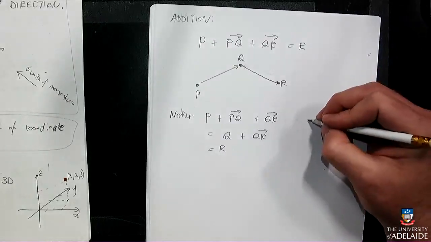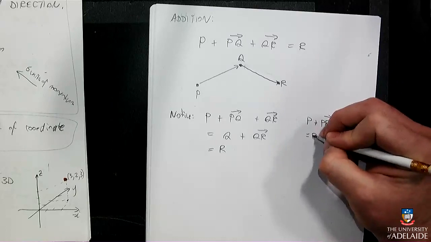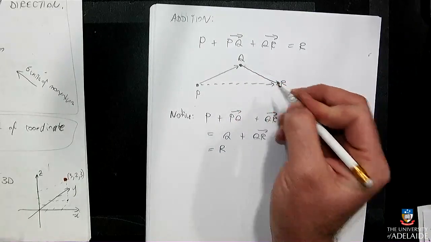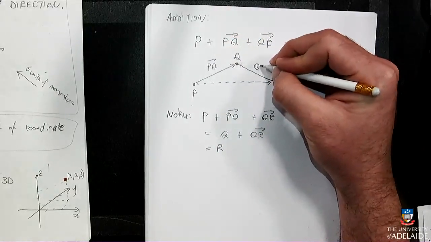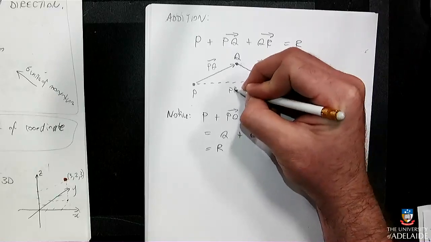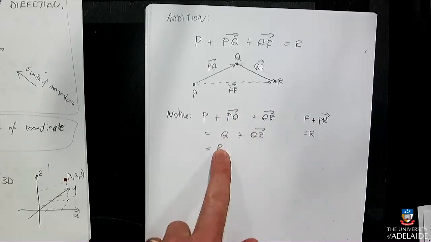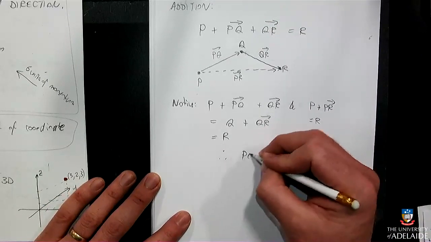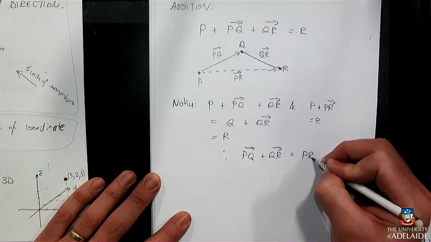And we also notice that P plus PR is also R. So there's PQ, there's QR, and there's PR. So P plus this thing is R, and P plus this thing is also R. So I would therefore say that PQ plus QR has to be PR.